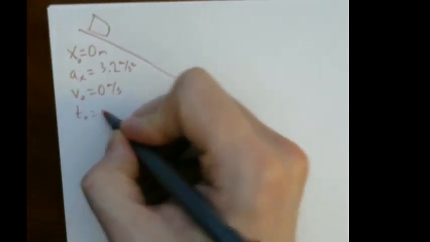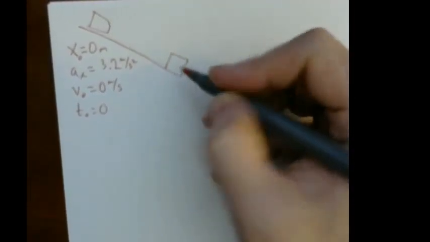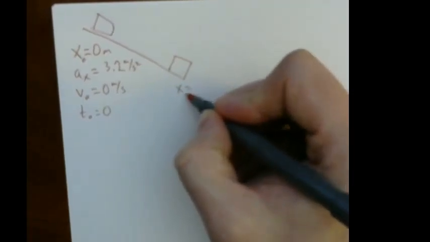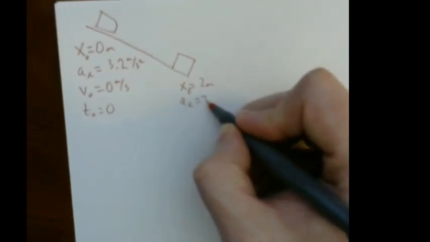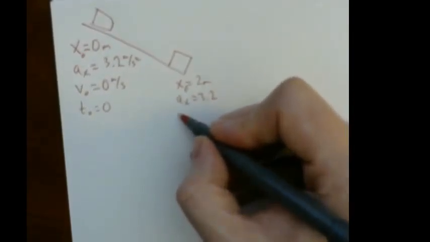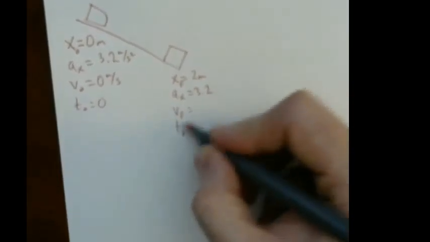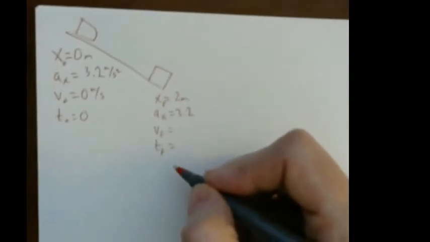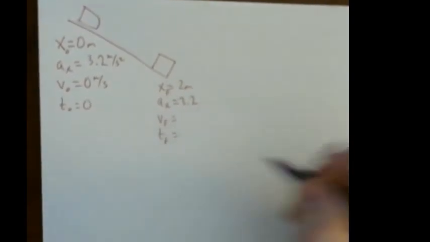That was given in the statement of the problem. Start time at 0. The box is going to ultimately slide down to the bottom. At that point, its position is 2 meters. Acceleration is still 3.2. The velocity, we don't know, and the time, we don't know. That's actually what we are looking to find. Great. So let's go figure it out.